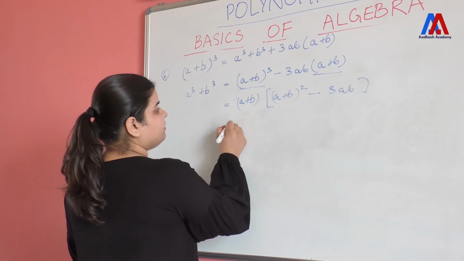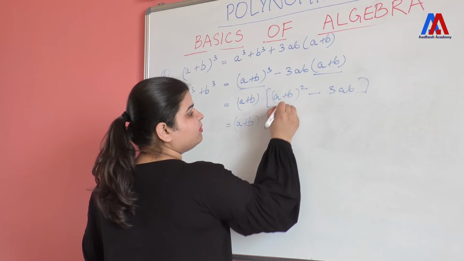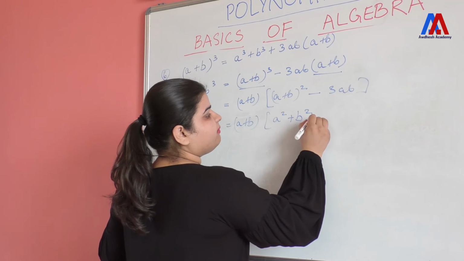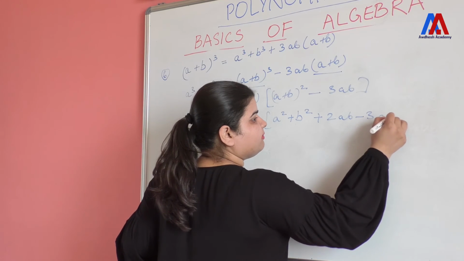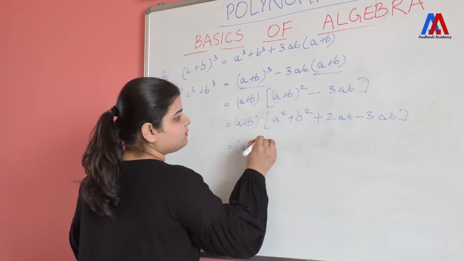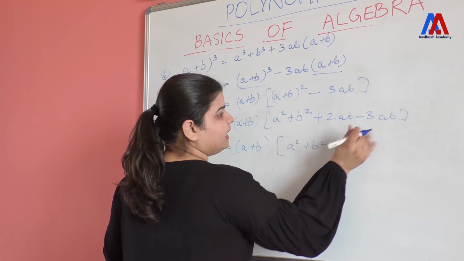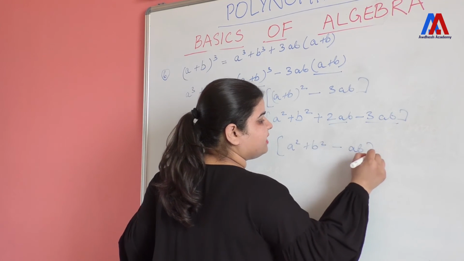Now this would be a plus b into, opening this bracket using the earlier identity, we will get a square plus b square plus 2ab minus 3ab. So this would give us a plus b into a square plus b square, and the subtraction would give us minus ab.